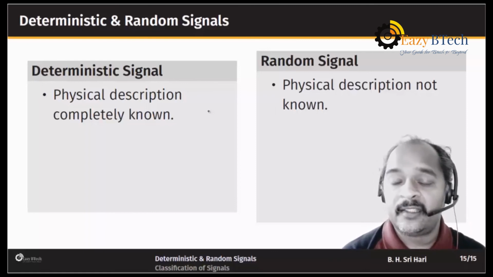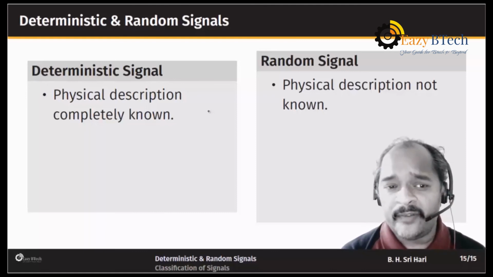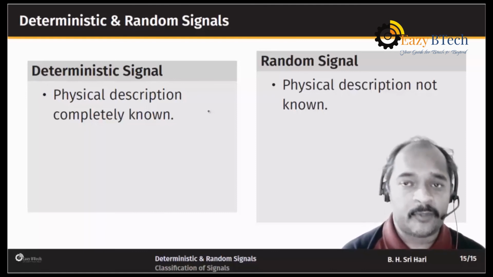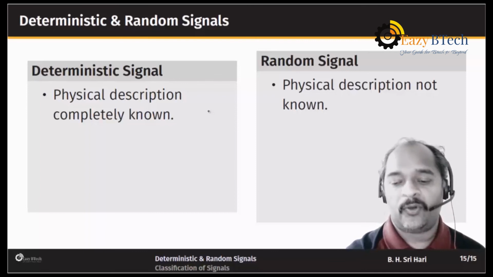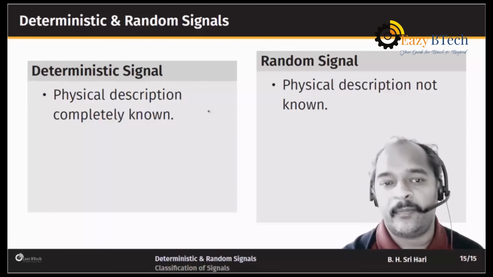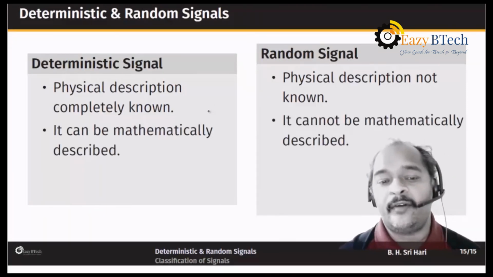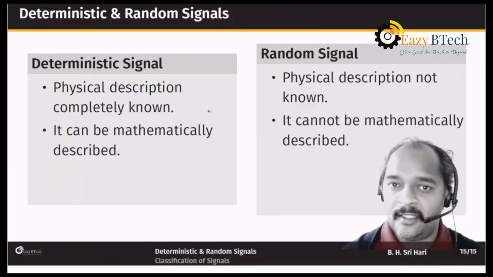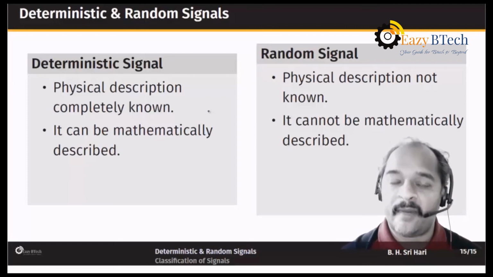Okay, and what is a deterministic signal? A deterministic signal is the one whose physical description is completely known. And for a random signal, the physical description is not completely known. A deterministic signal can be mathematically represented.